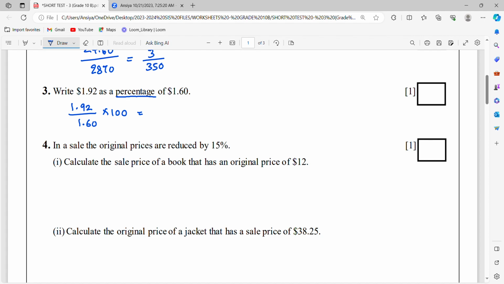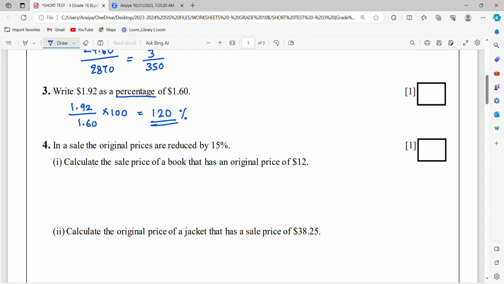All of you please take your calculator and try it. I'll also calculate it. 1.92 divided by 1.60 times 100. So the answer is 120 percent.